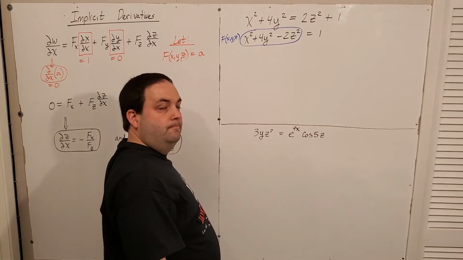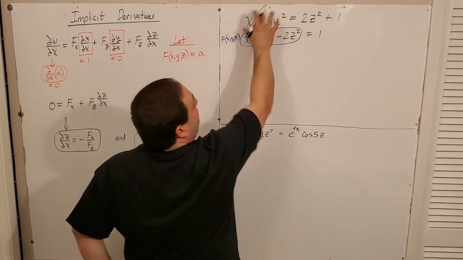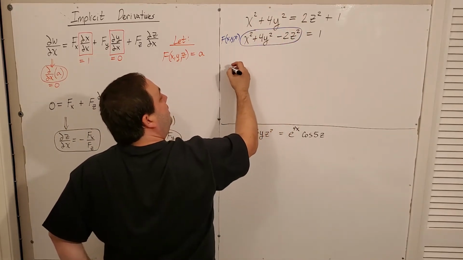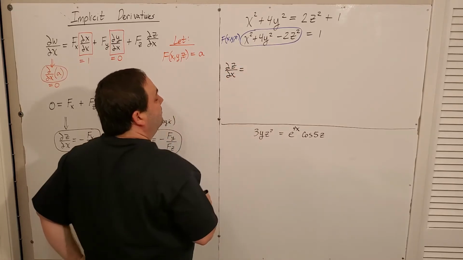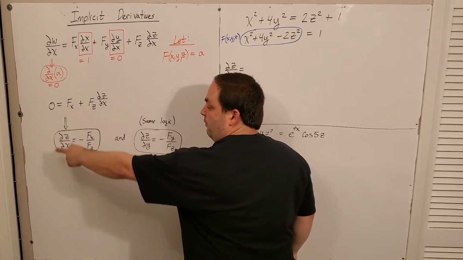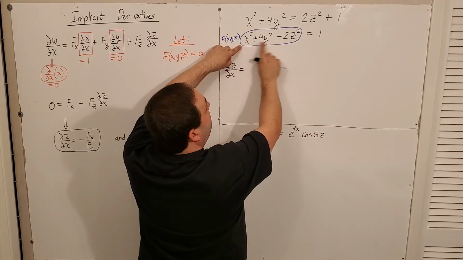Okay? So then, for my one surface, if I want to do the partial of z with respect to x, then I'm just going to follow this formula right here. I'm going to look at my expression in x, y, and z.